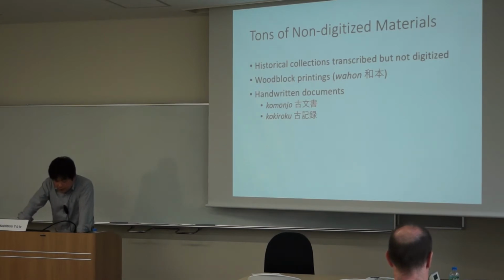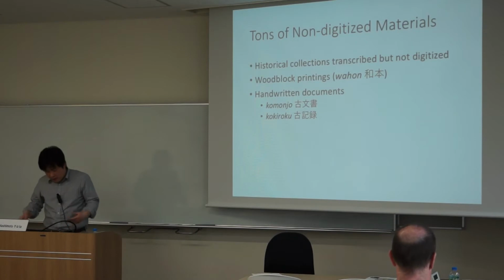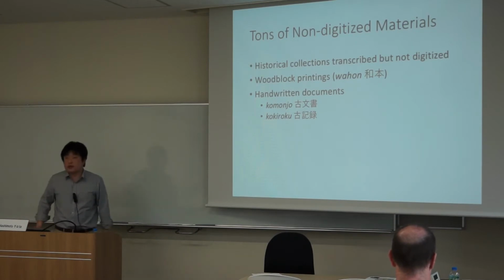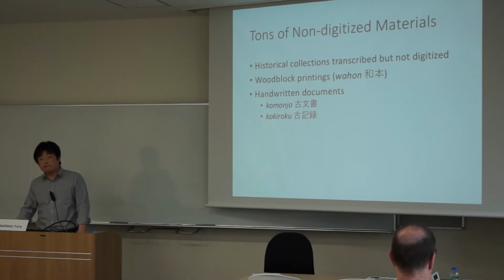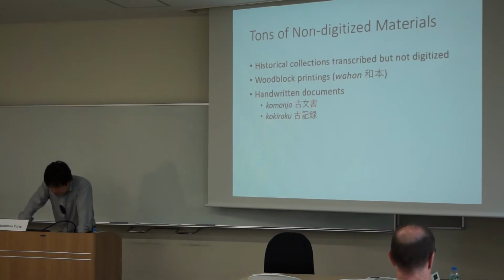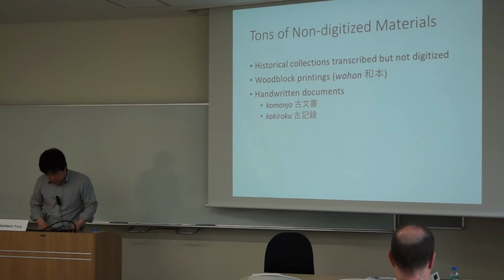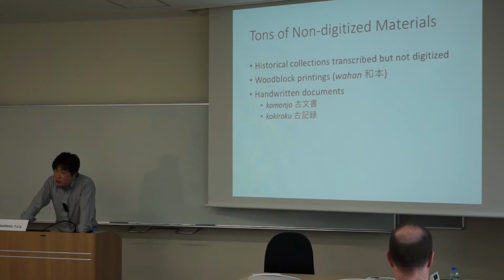For example, there are lots of woodblock printings published in the Edo period. Mitsutoshi Nakano, a prominent scholar of early modern Japanese literature, estimates that there are at least 1.5 million woodblock printings, wahon, but only 1% of those wahon books have been transcribed by scholars.